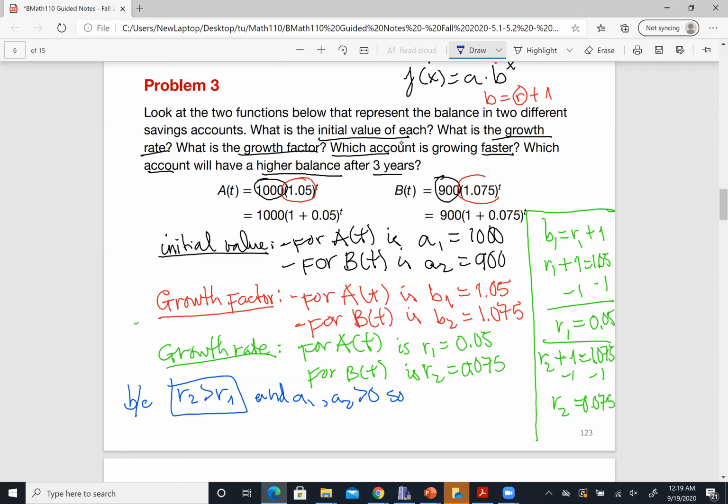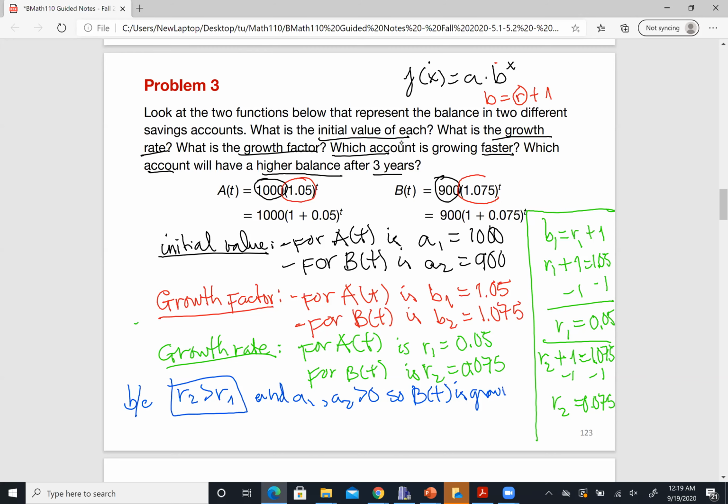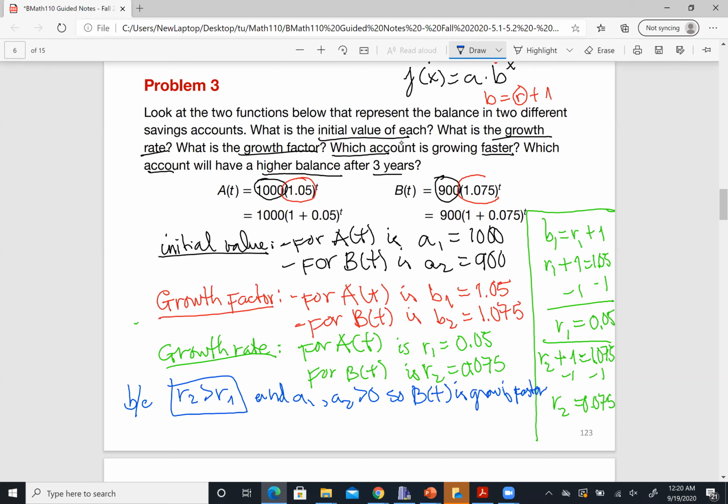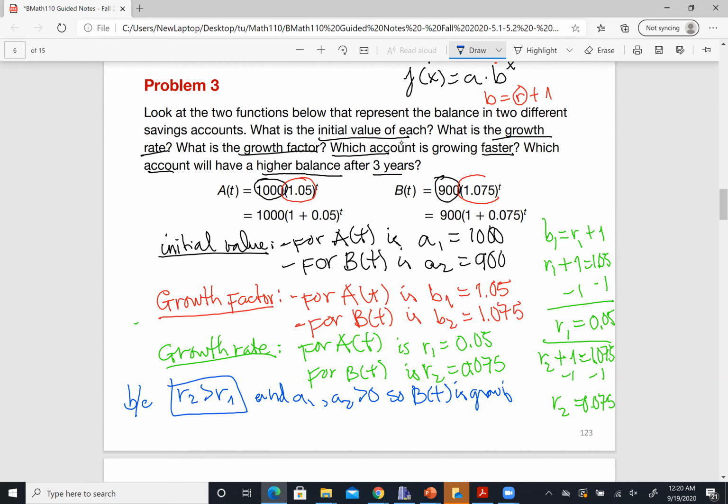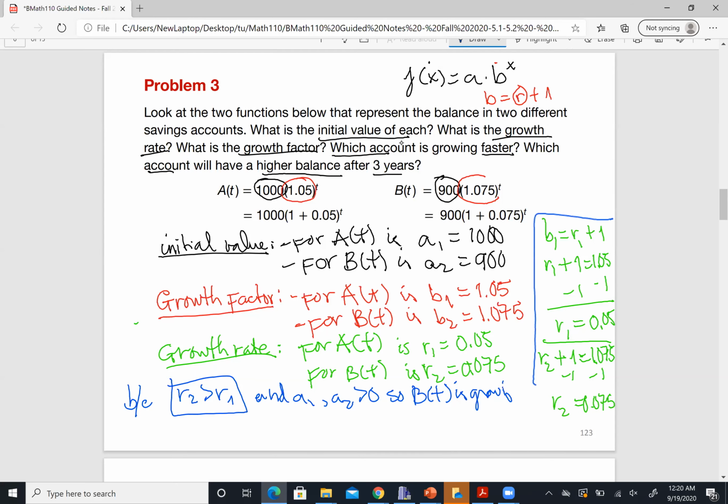So B of t is growing faster. Right. Maybe I'm going to put it down. Faster. Okay.